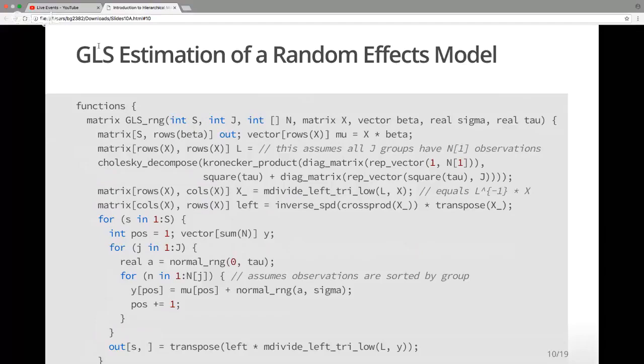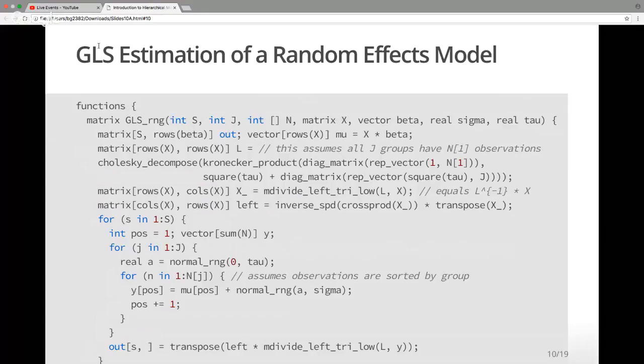This all pertains to how we're doing the estimator. So first we want to get straight on how this model thinks of the data generating process. So let's jump to here. We're going to loop over the S simulations that we want to do. We'll initialize pos to 1 to keep track of what position we're in.